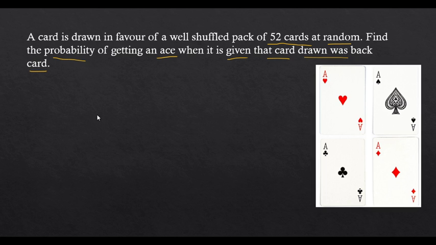The first thing is we need to identify the events. So let us consider E as the event to get an ace. When you say ace, there are four aces in a pack of cards.